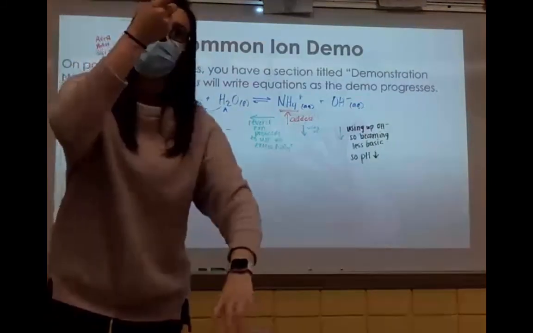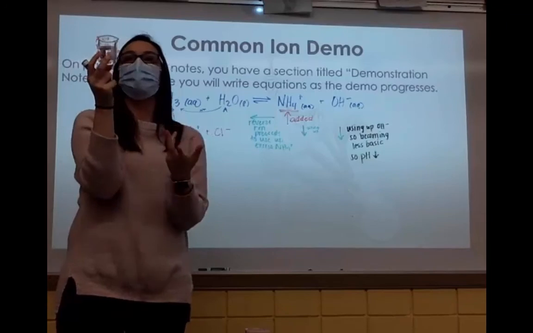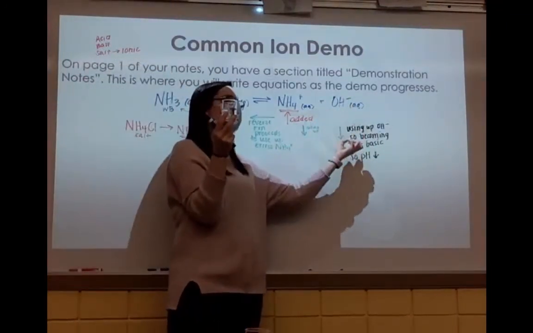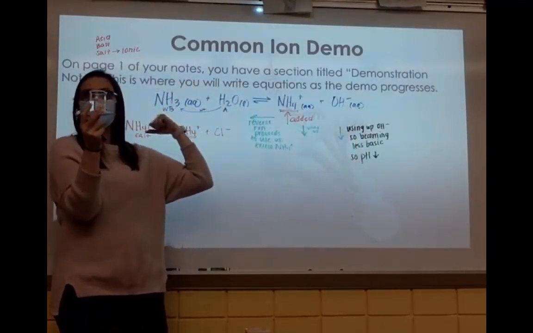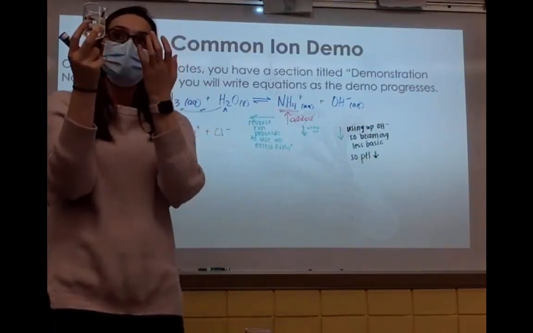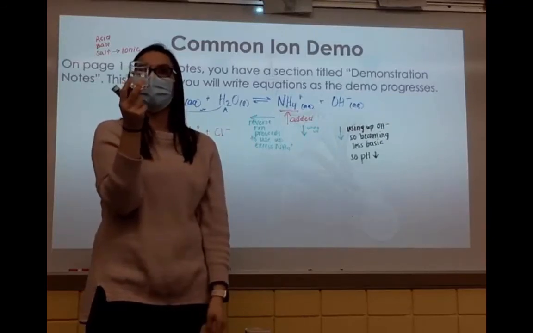So if I actually got a pH meter in the back, I would find that the pH of this is somewhere below 8. And the reason that the pH went down is because we used up OH- as the reaction shifted the other way. And so the pH got lower. Did it get below 7? We'd have to figure out what the pH was with the pH meter.